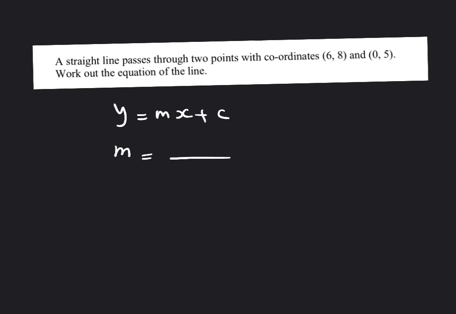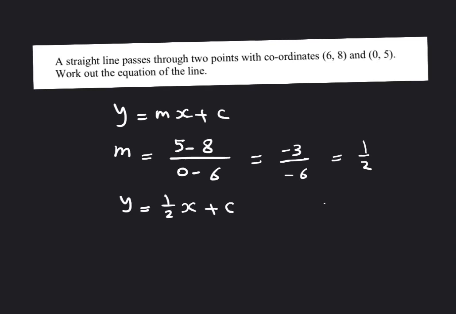We can start with 5 minus 8 over 0 minus 6. 5 minus 8 equals negative 3, 0 minus 6 equals negative 6, so m equals a half. Now the equation for the line is y equals half x plus c.